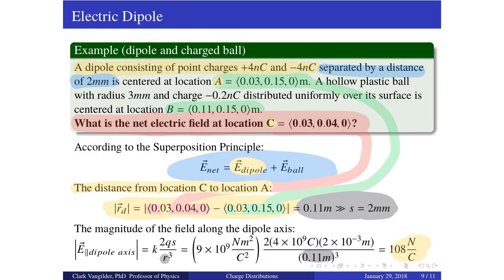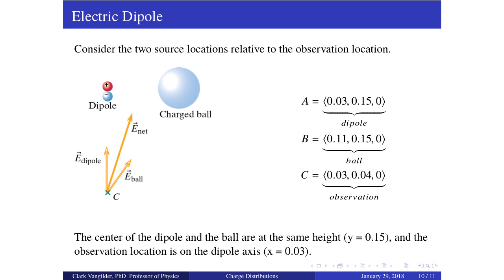All right. So here's I guess a picture of how this might look. So our dipole up here, our ball over here, and our observation location here.